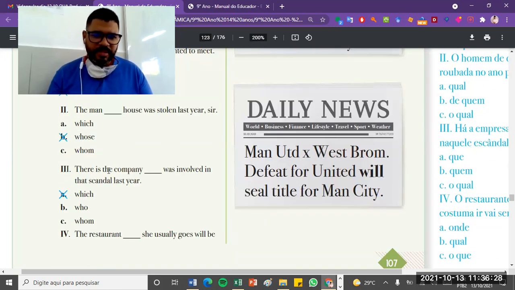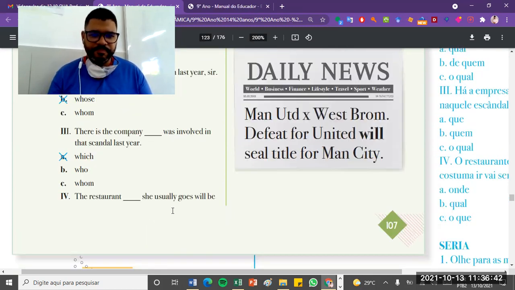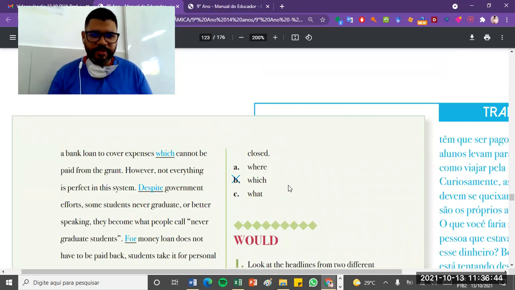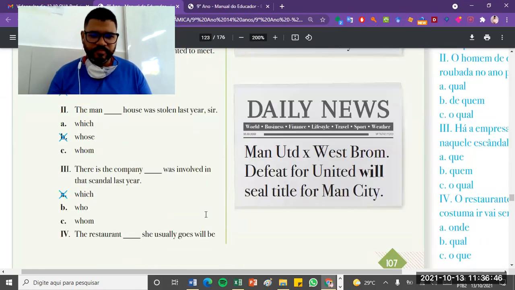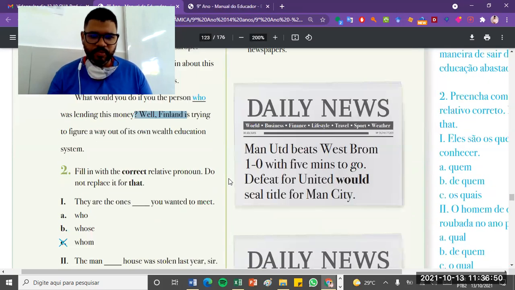There is the company which was involved in that scandal last year. The restaurant which she usually goes to will be closed, all right?